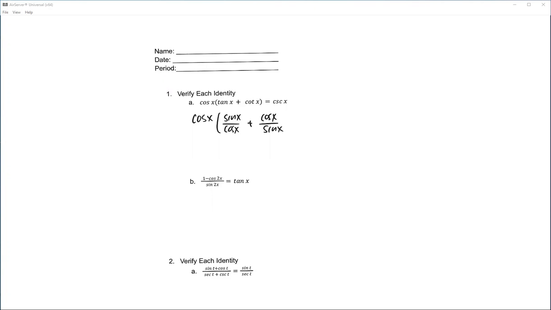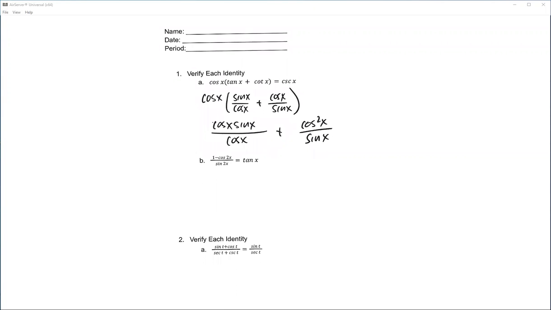So distribute the cosine, it will be cosine x sine x over cosine x plus cosine squared x over sine x. Okay, and by this, now we could cancel these two out. And so it becomes sine x plus cosine squared x over sine x, right?